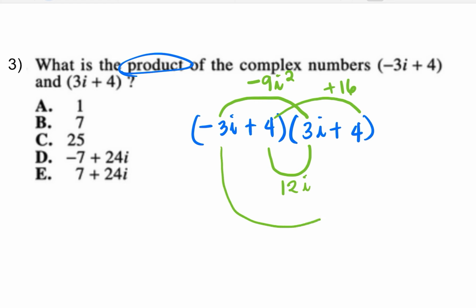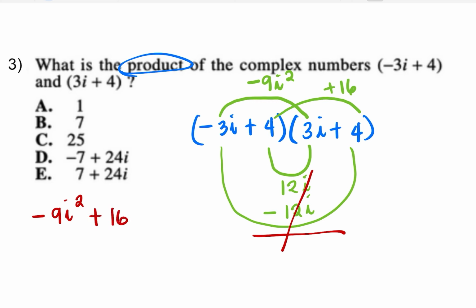And then the outer, which is negative 3i times 3i... Now, the middle terms get canceled out because these two are exactly the same but opposite signs. And so we are left with negative 9i squared plus 16.